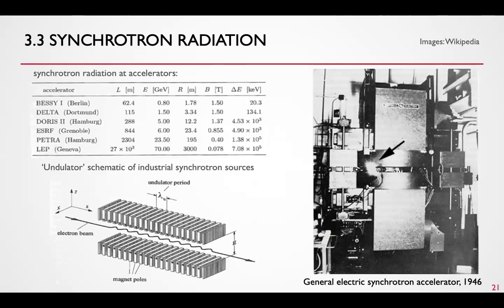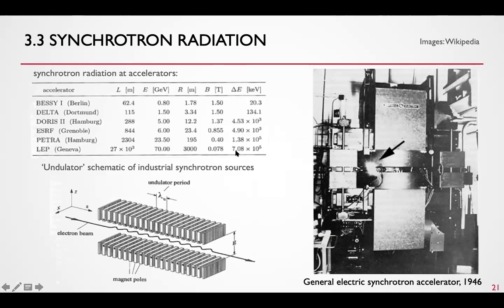So here is synchrotron radiation at accelerators, these are different accelerators. Here's an old table, but here's the lab collider, Petra in Hamburg, which is the positron electron source for Hera, and you see the energy loss per turn.